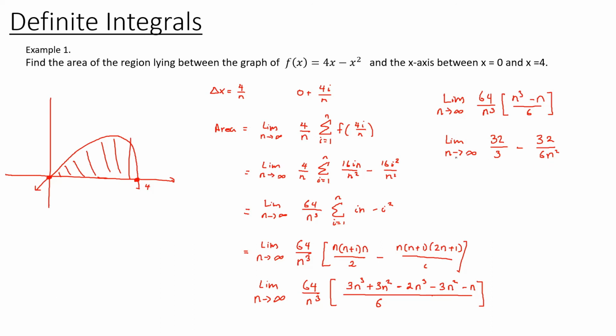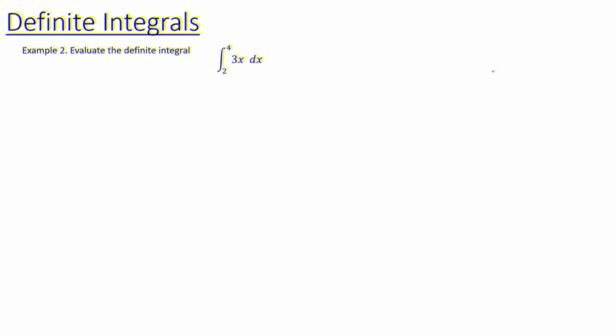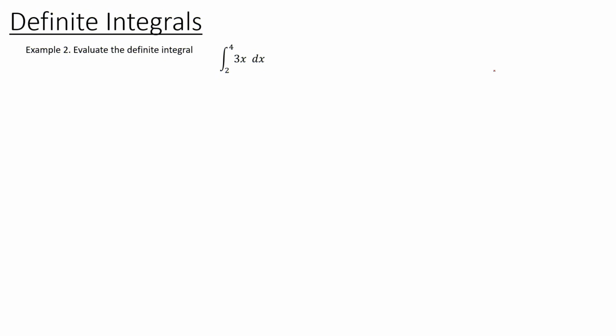If you apply the limit as n approaches infinity, the first term will be 32 over 3. For the second term, notice that the denominator gets bigger and bigger as n gets bigger, which means it will be 0. So your final answer comes out to be 32 over 3, which is the area of 4x minus x squared, bounded by the x-axis and x equal to 0 and x equal to 4.